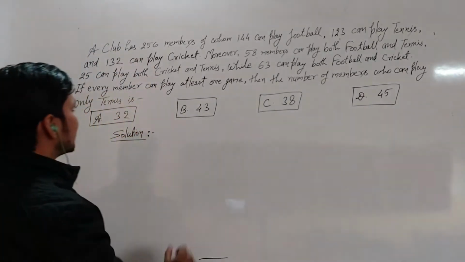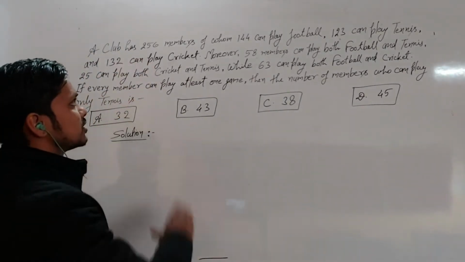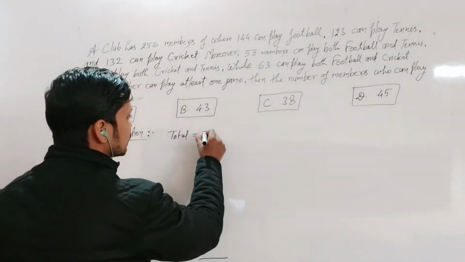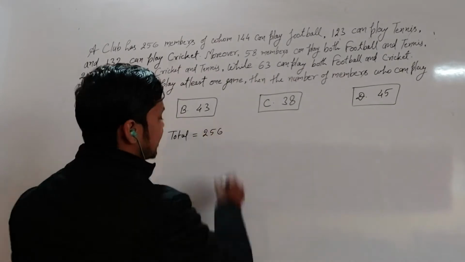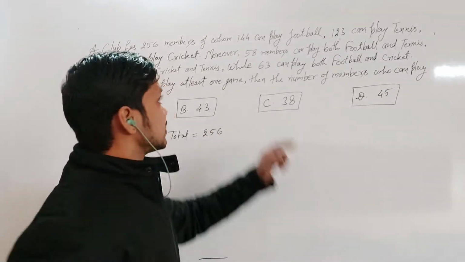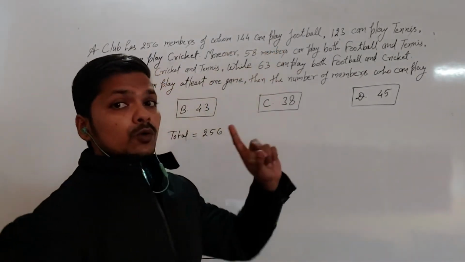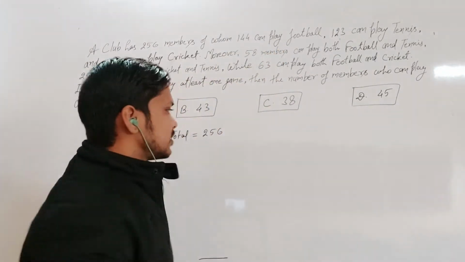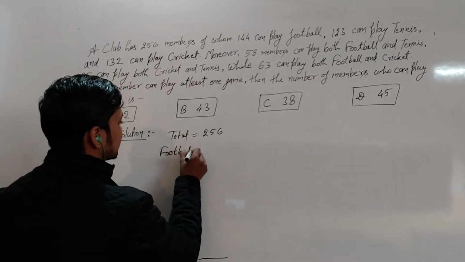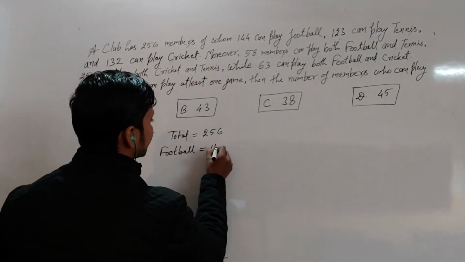In the starting, as is written in the question, the total number of players is 256. Now the number of players who can play football, I am writing here: football, 144.